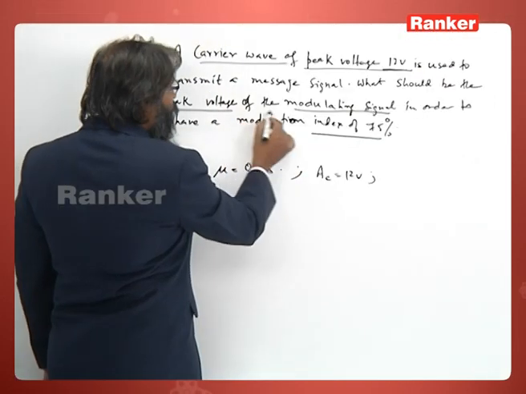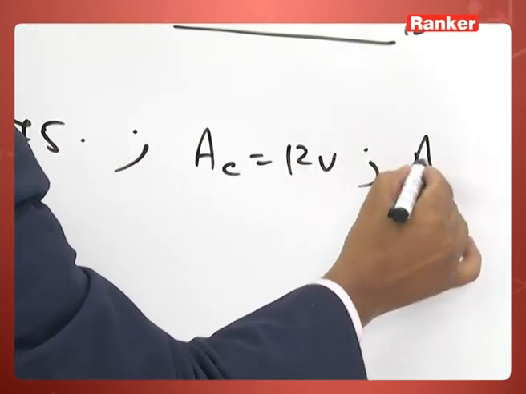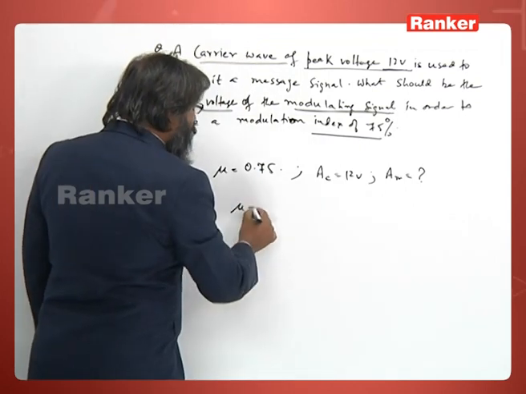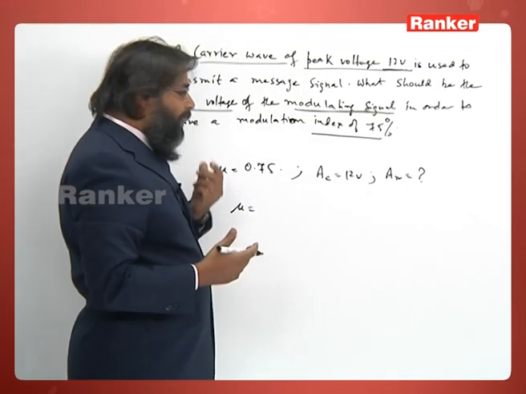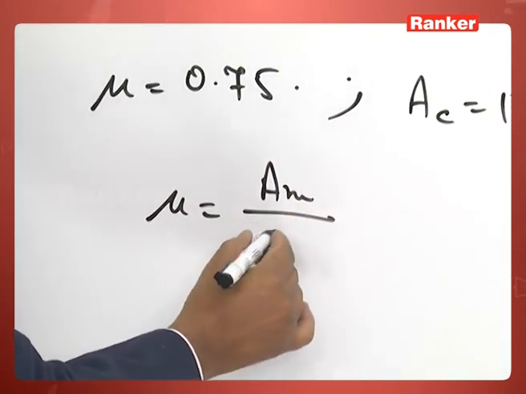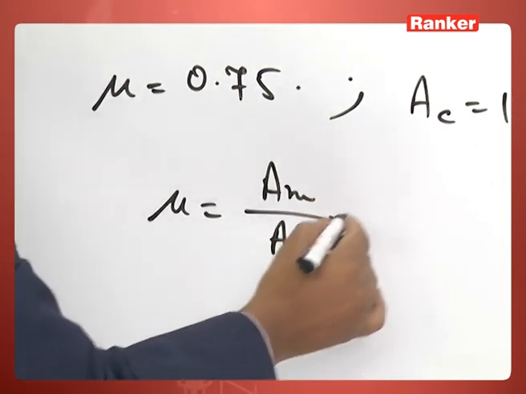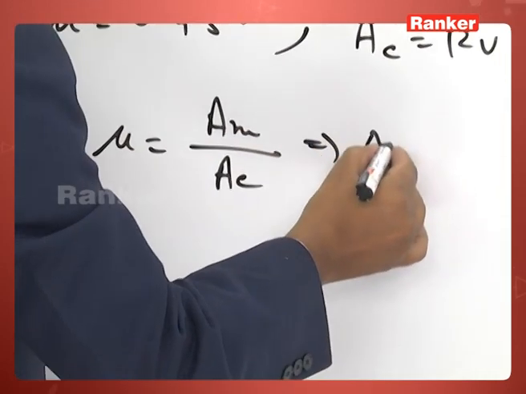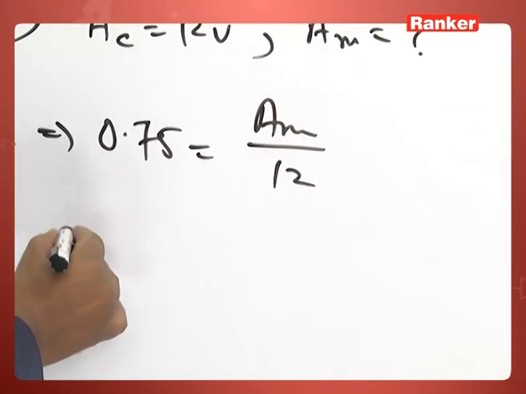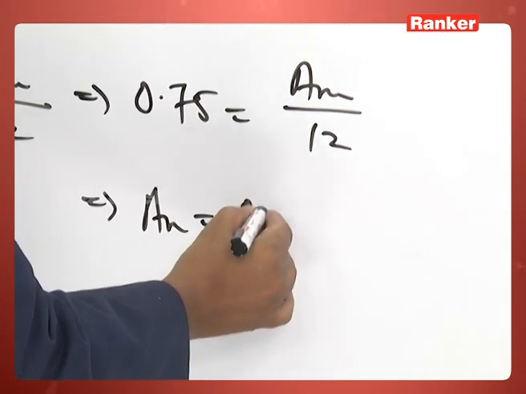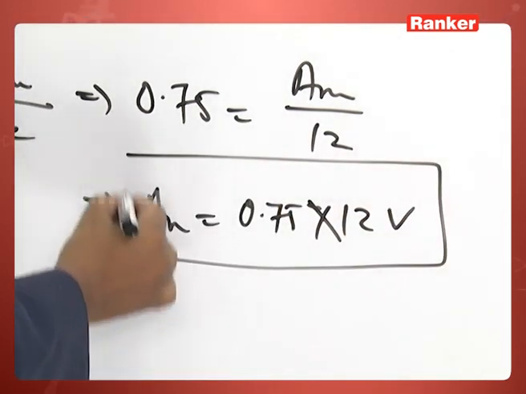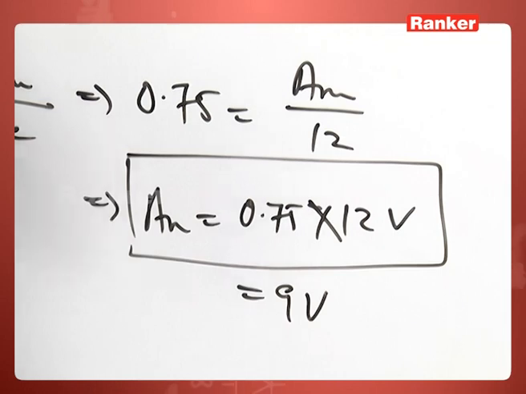Next, what should be the peak voltage of the modulating signal? That is, AM is required. It's simple, this problem is just the definition of mu. Mu is the ratio of the peak value of the signal wave and the carrier wave. Here mu is 0.75, the signal wave is required, and this is 12 volt. So AM is equal to 0.75 into 12 volts, which is 9 volts. This is the answer.